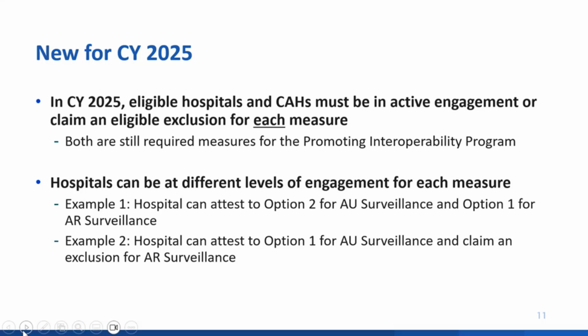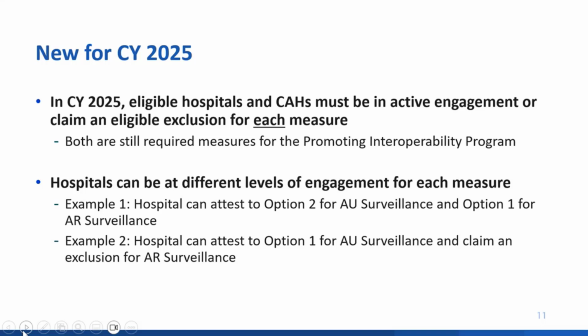So example one, let's say a hospital is reporting production AU data to NHSN, but is still working on setting up their AR data feeds or working on some internal mapping for the AR data. This hospital can attest to option 2, so sending production data for AU surveillance, and option 1, registration and testing for AR surveillance.